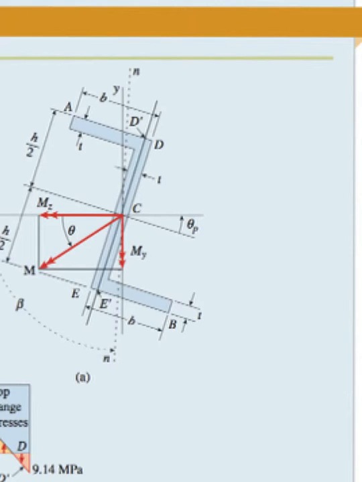As I've previously mentioned in the preceding slides, knowing the direction of the components of the bending moment is important. So why is it important? This will make it easier for us to know the direction, either positive or negative, of the normal forces acting at one point due to each of those components of the bending moment.